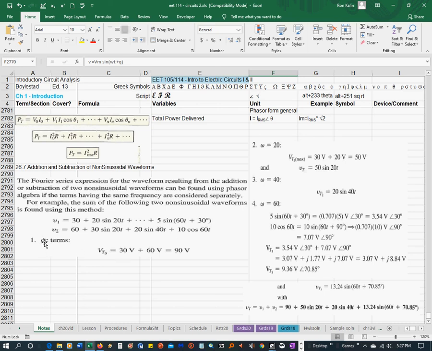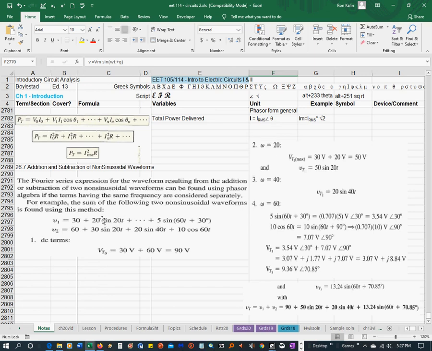The first thing is you combine your DC terms. They call it VT for total voltage, 0, which is the DC component. They just took the 30 plus the 60, got 90. Part 2, omega equals 20.